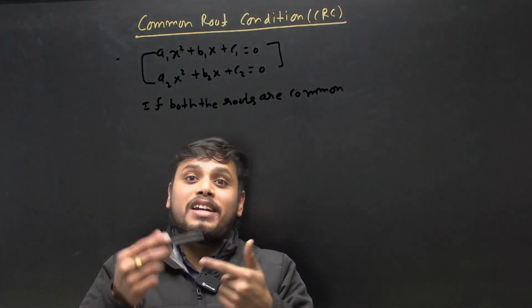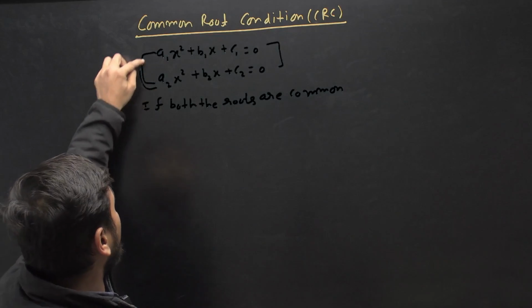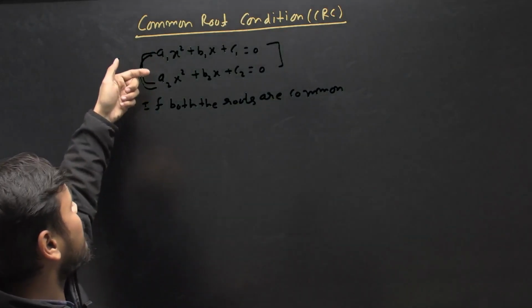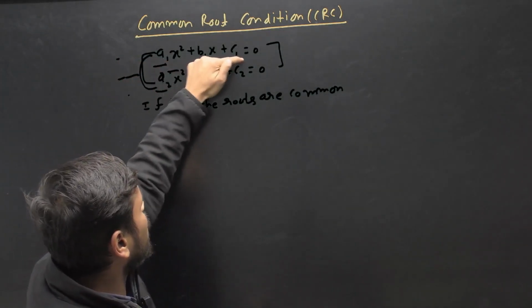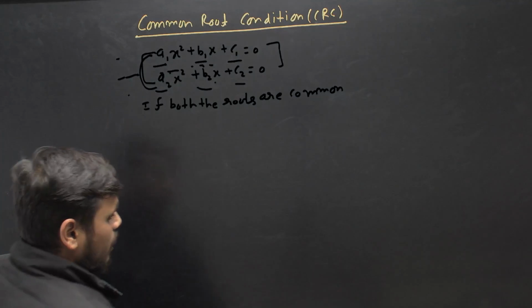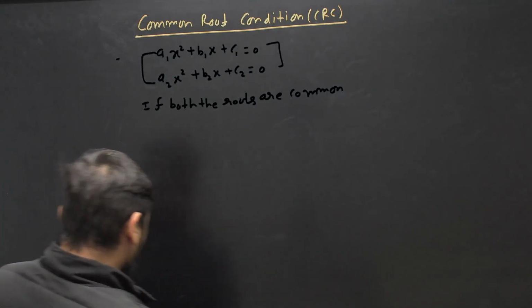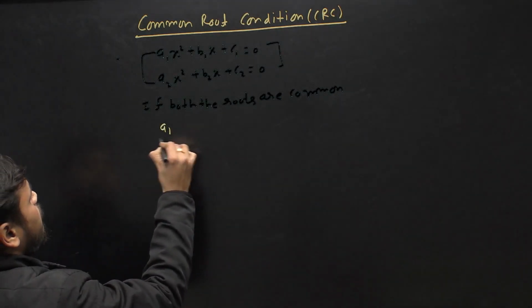They are constant multiples of each other, like the second quadratic is 5 times the first one, k times the first one. So it means the ratio of all the coefficients should be the same: a1 upon a2 equal to b1 upon b2 equal to c1 upon c2. This is the condition for both the roots being common.